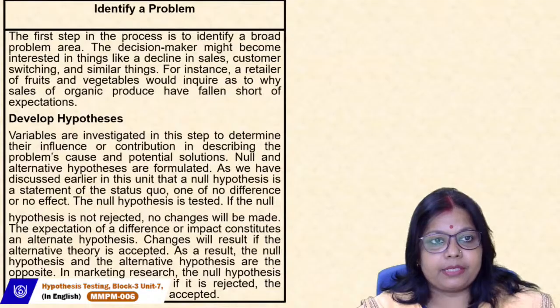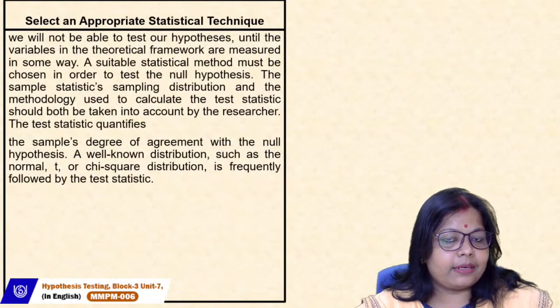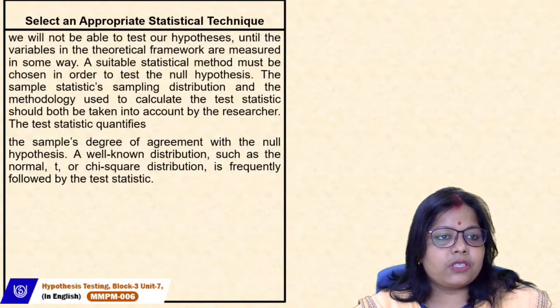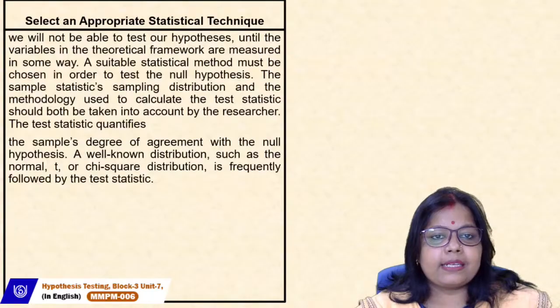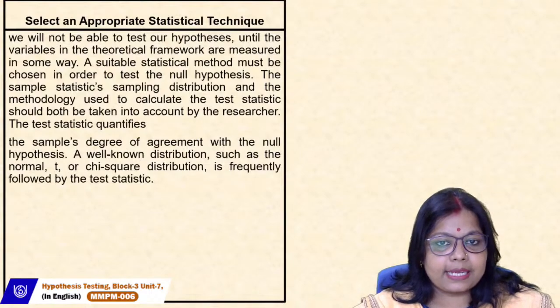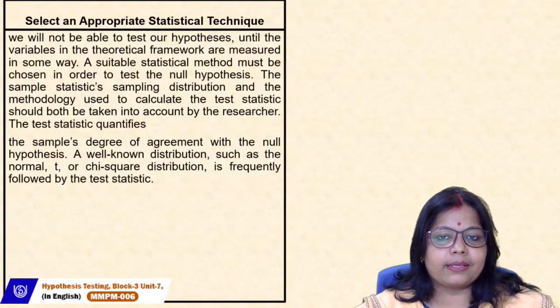After formulation of hypothesis, select an appropriate statistical tool. We will not be able to test our hypothesis until a variable in the theoretical framework is measured in some way. So a suitable statistical method must be chosen in order to test the null hypothesis.